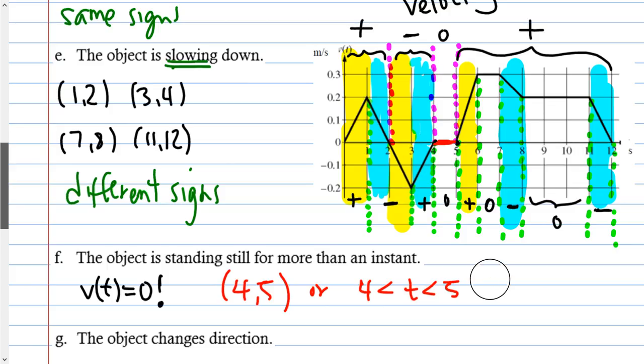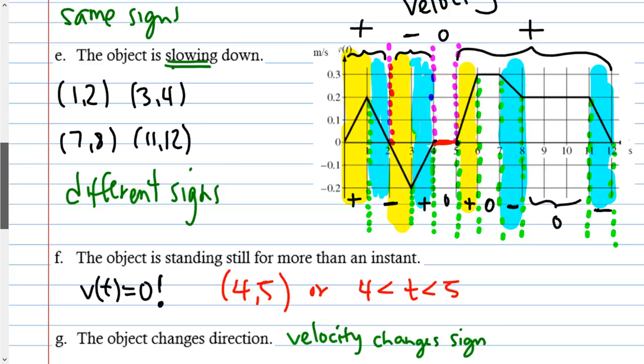Okay, so G says the object changes direction. So the object is going to change direction when velocity changes sign. So basically, it's changing direction whenever it changes from being above the x-axis to below, or vice versa.